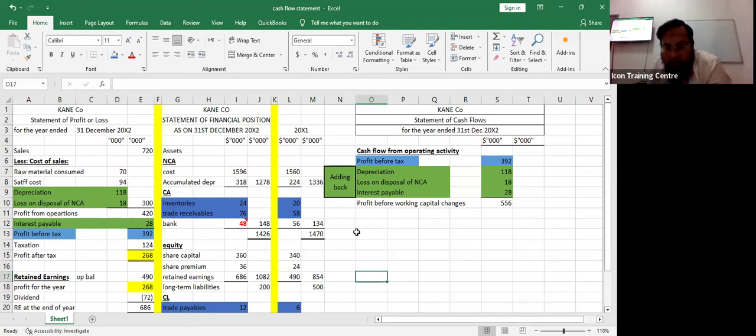Now, this is our working capital. Always remember your current assets and your current liability are your working capital. Now, please pay attention. If I talk about this inventory, in 2001 it was how much? Now it is how much?